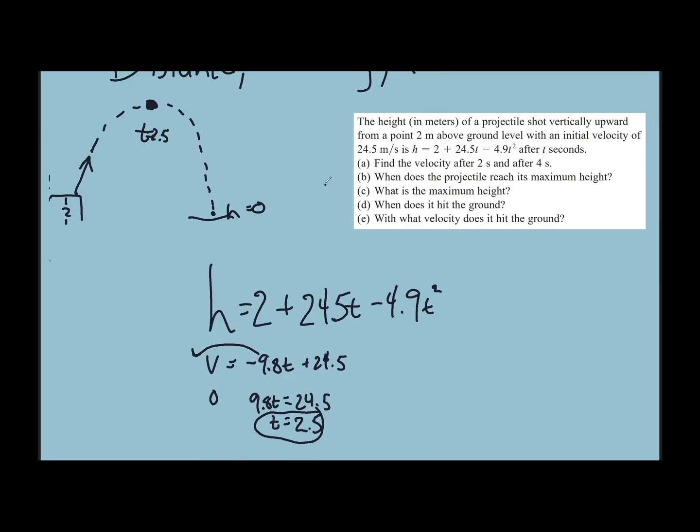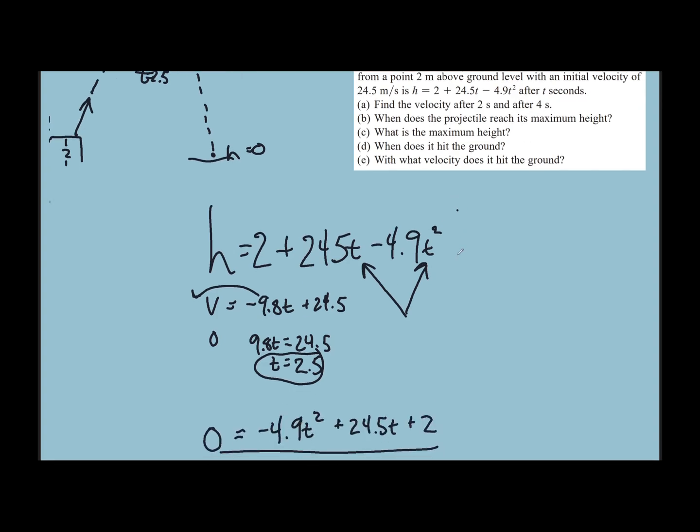And notice that it says, what is the maximum height and when does the projectile reach its maximum height? So we did not calculate the maximum height. We calculated when it reaches that height. So we just need to plug 2.5 into these. 2.5 squared is 6.25 times 4.9. So this becomes, I'll write it in like red, negative 30.625.